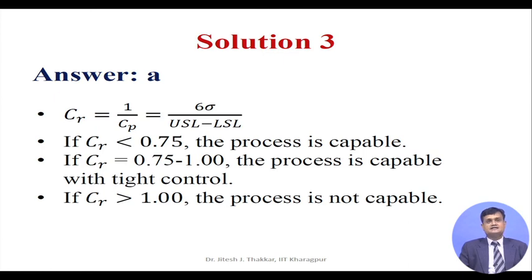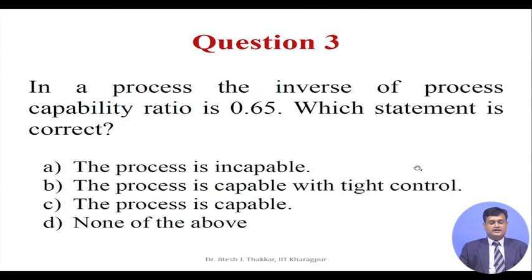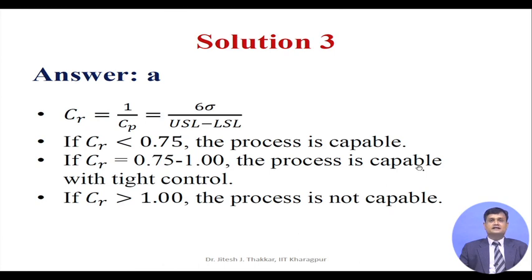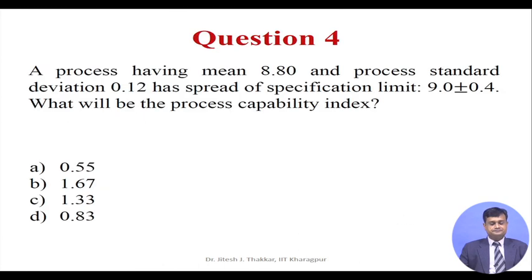If CR is less than 0.7, the process is capable. If CR is equal to 0.75 to 1, the process is capable with tight control, and CR greater than 1, the process is not capable. So, in the case given, the correct answer is A, as the value 0.65 is less than 0.75.